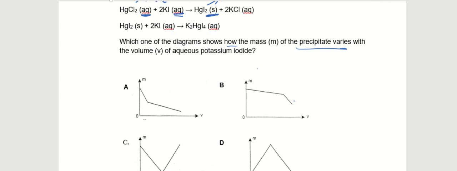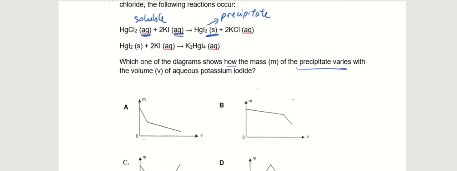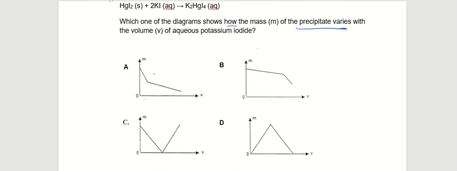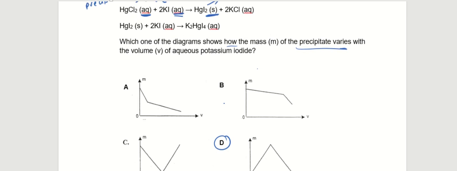Since we start with two soluble materials, there should be 0 precipitate to begin with. The only graph that shows the precipitate starting from 0 is D. So we have effectively solved the question.